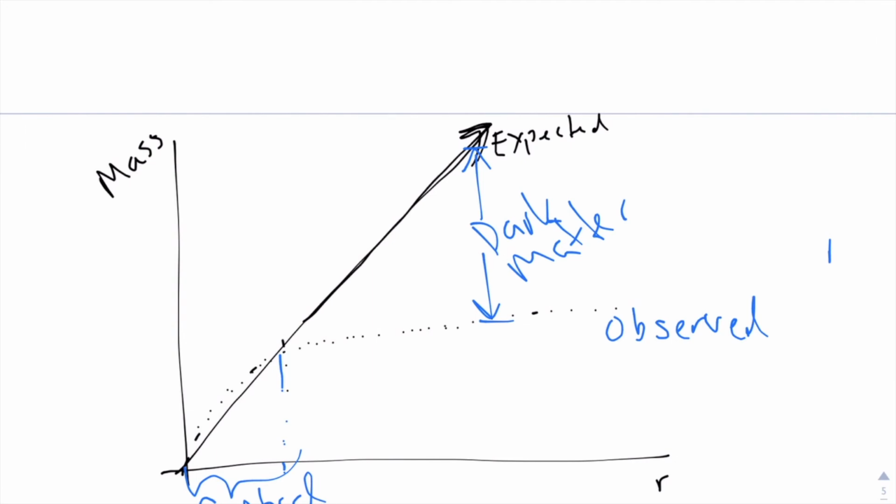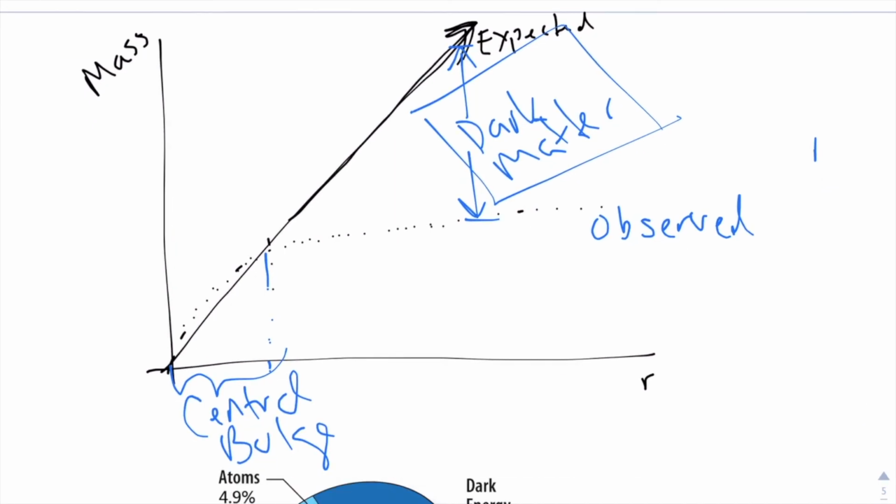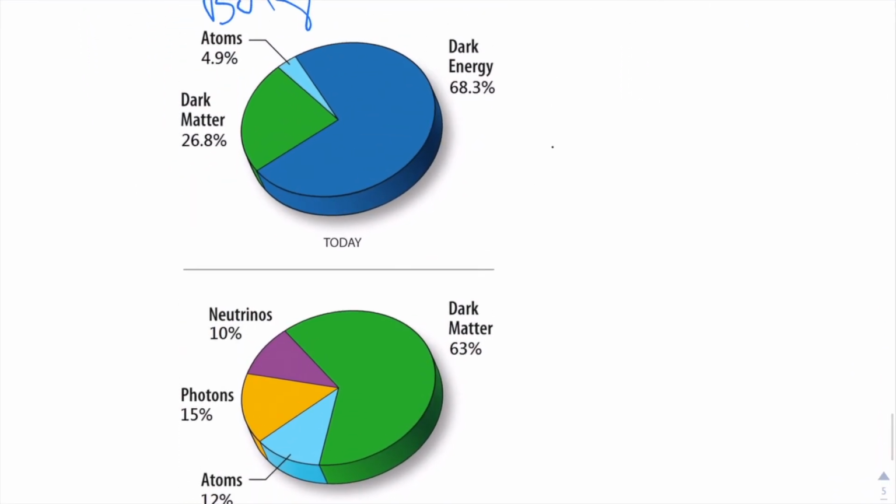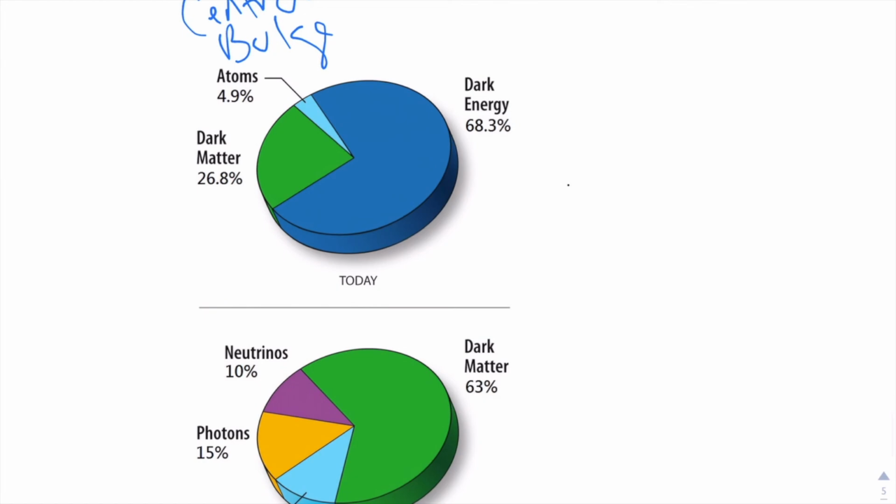If we accept the notion of this construct of dark matter, we'll be led to the conclusion that most of our universe is in fact made up of it, rather than matter that we are used to, like atoms and baryonic matter.